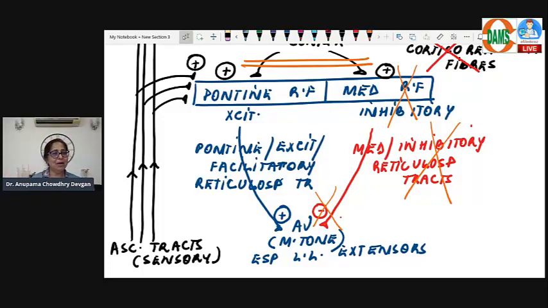Medullary, or the inhibitory reticulospinal tract, which is no longer active now. Loss of activity of the inhibitory reticulospinal tract causes loss of inhibitory effect on A gamma, but the pontine tract will be active. So A gamma activity increases, tone increases.